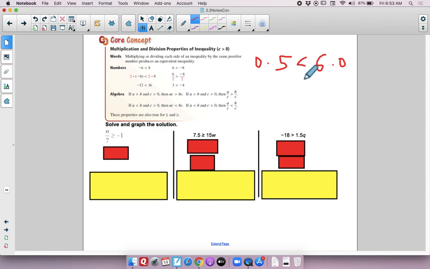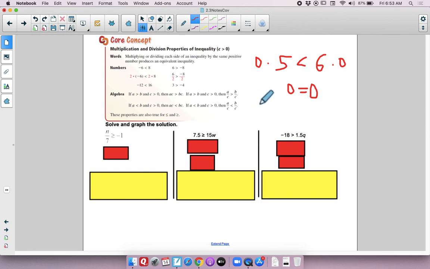Is one less than the other side? No, they're both 0, so 0 would equal 0. That doesn't work. This is a true statement, 0 does equal 0, but it's changing what we had. It's not equivalent.